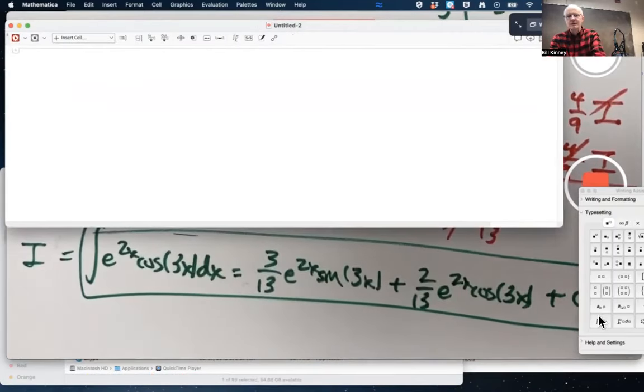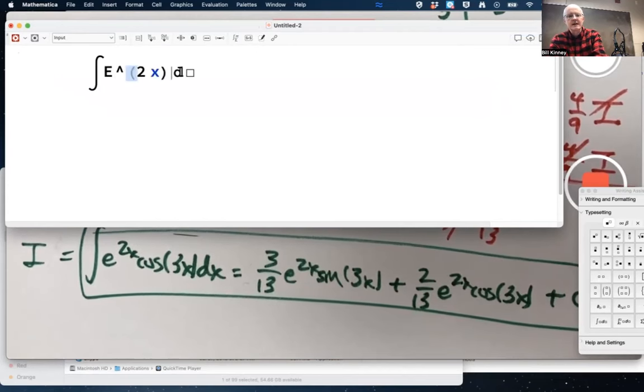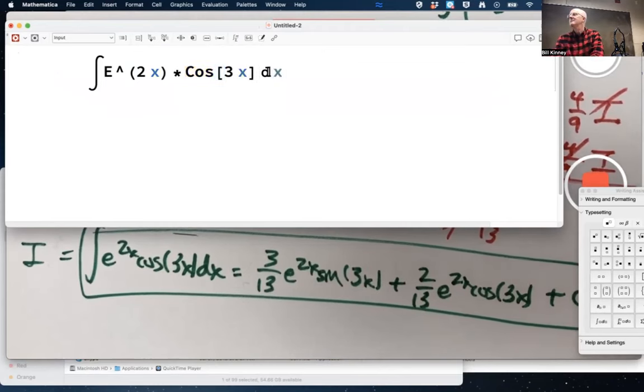You have to be cautious when doing integrals involving trig functions, however, because there are various ways to write the answer because of all the trigonometric identities that are out there. There are hundreds of them, thousands of them even. It's possible Mathematica may not return the answer that looks like this.